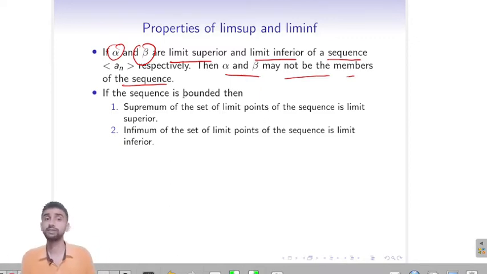Next, if the sequence is bounded, now this is the blanket assumption for the next two things. It is a bounded sequence first of all. Now the supremum of the set of the limit points of the sequence is the limit superior.